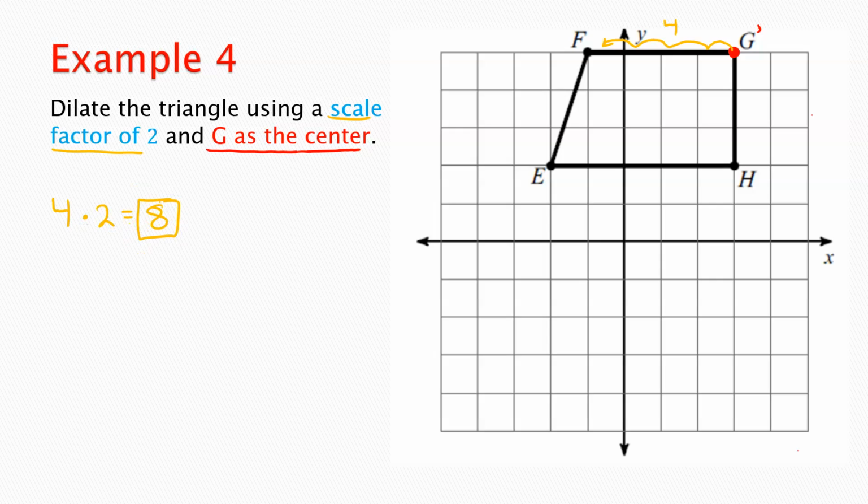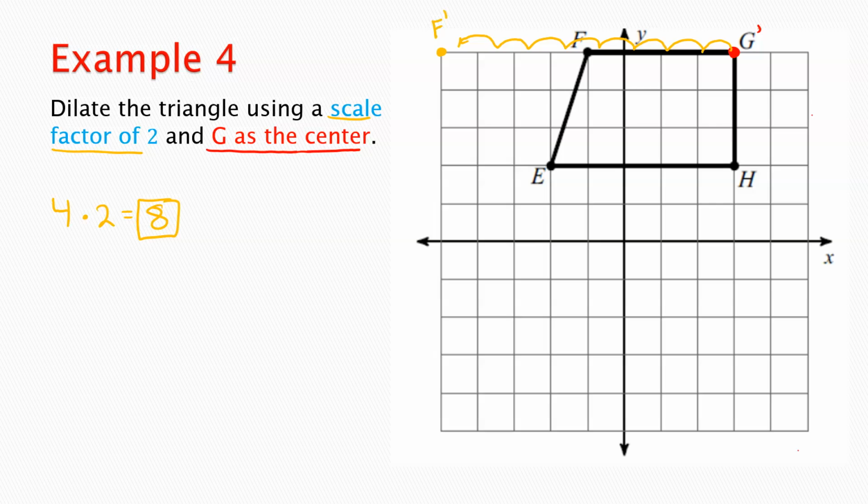So that distance that used to be 4 should now be a distance of 8. 1, 2, 3, 4, 5, 6, 7, 8. All right, so right there at the very corner, that's actually going to be my new F prime.